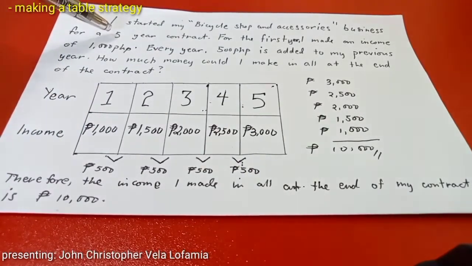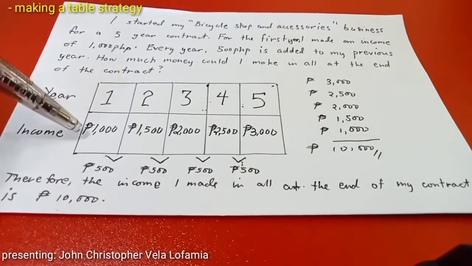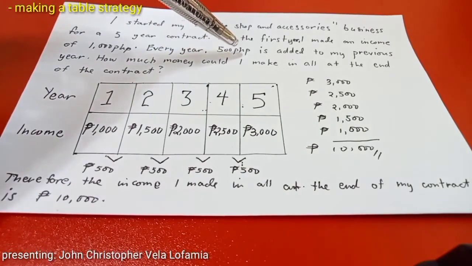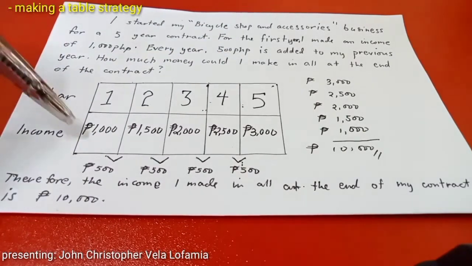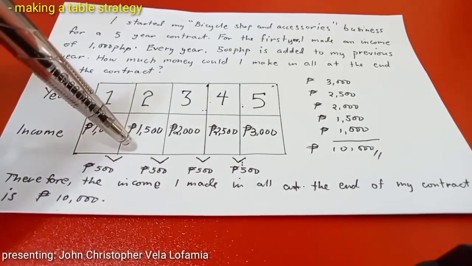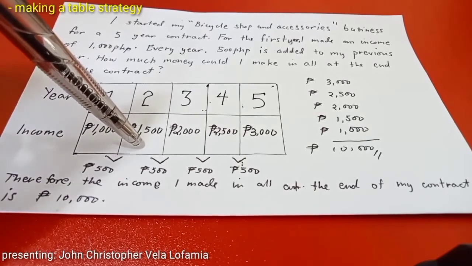So it says here that in my 5-year contract, in the first year I have gained an income of 1,000 pesos, which is in here. For every year, 500 pesos is added to my previous year. So in the first year, we will add 500 pesos, for a total of 1,500 pesos in my second year.